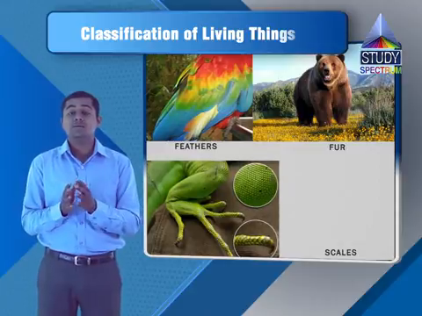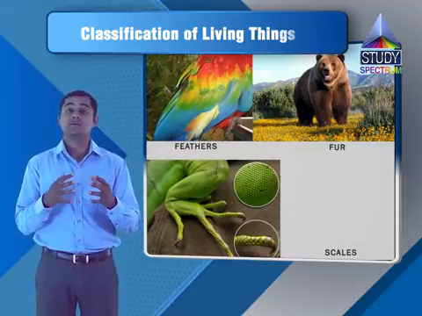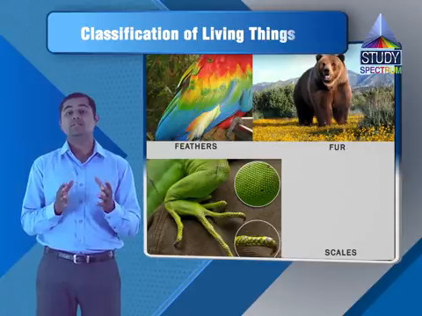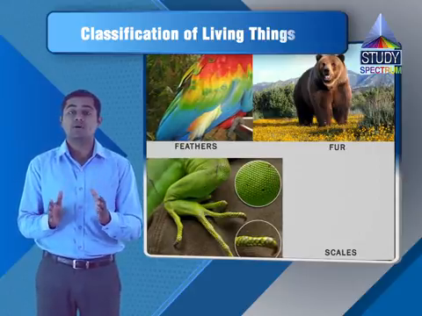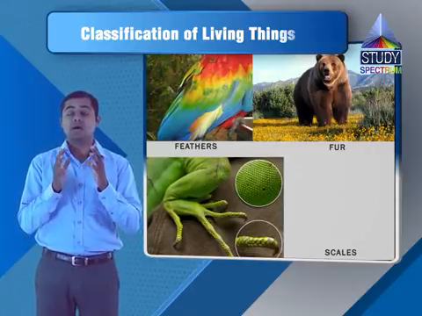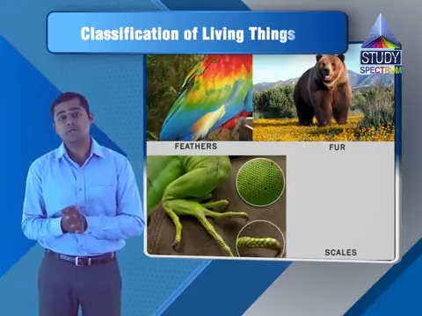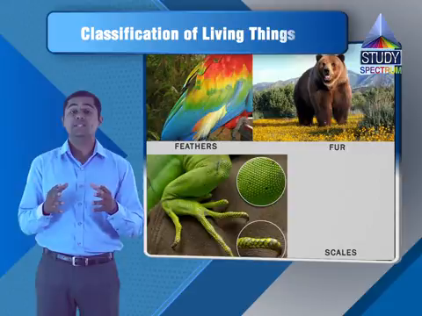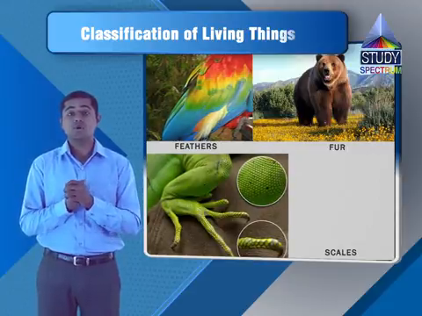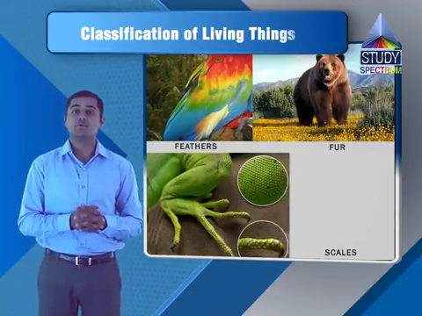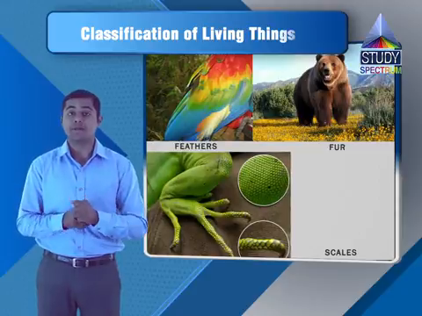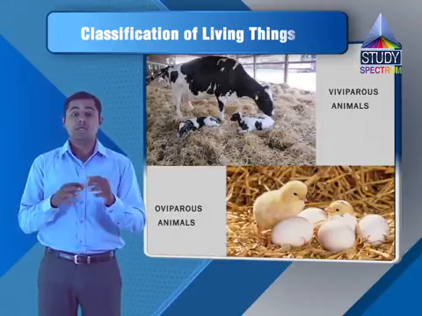These have hair on their body, which we call fur. So these animals are classified in the group of animals with fur, animals which are covered by hairs. What about the birds? Birds are covered up with feathers. So there is a third subgroup according to the covering of the body.